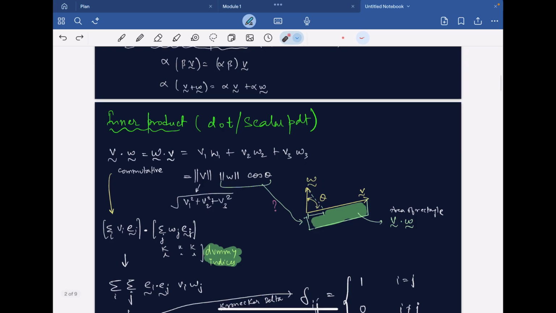If you go from your high school notation, it would be the magnitude of v multiplied by the magnitude of w into cos theta, which can be seen physically as the area of a rectangle, where one side of the rectangle is the v vector, or any of the vectors, and the other side is the shadow projected by the other vector onto the first vector.